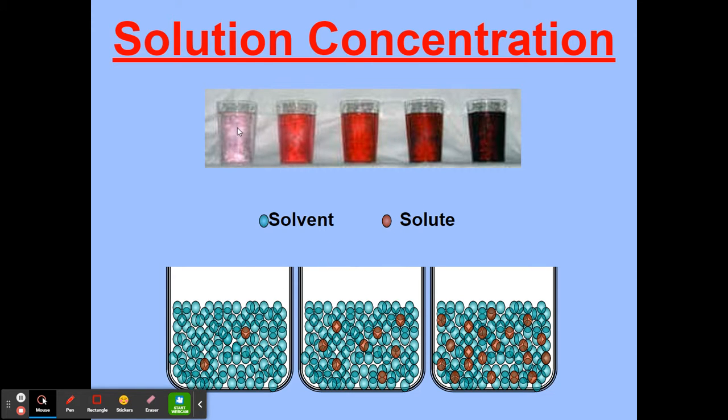The light pink color here is primarily solvent particles with just a little bit of solute in here. When you start moving up the grade levels, you get a few more particles, and then the super concentrated one has a lot of particles in it. It's not like you have equal numbers of solute and solvent, it's just that you get a more concentrated version of that. Okay, so dilute, concentrated, dilute, concentrated.